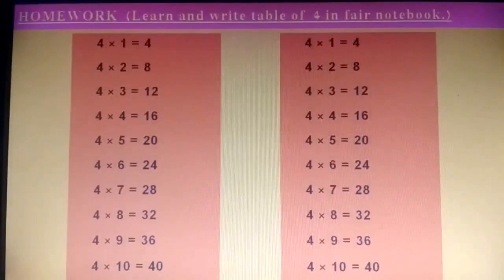Here I have mentioned the table of 4 twice. You have to write it in your notebook a single time. आपको ये नोटबुक में एक ही बार लिखनी है, टेबल ऑफ 4, एज वेल एज आपको ये लर्न भी करनी है. In the next lecture we will discuss the table of 4.